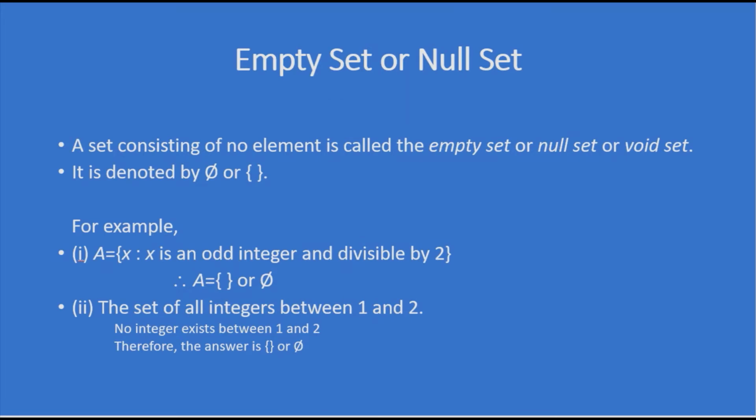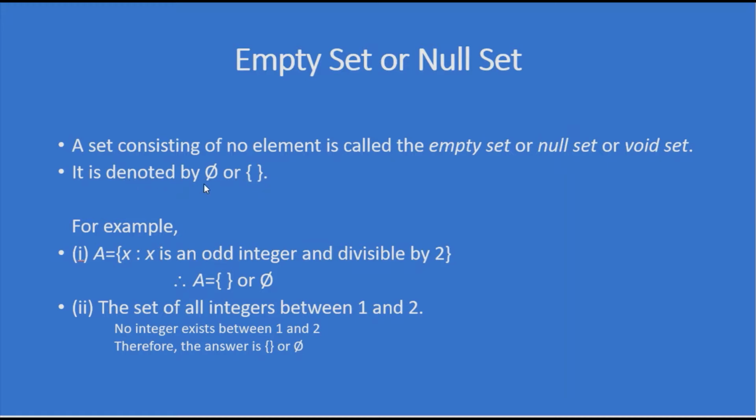Empty set or null set. A set consisting of no element is called the empty set or null set or void set. It is denoted by the symbol ∅ or empty braces.